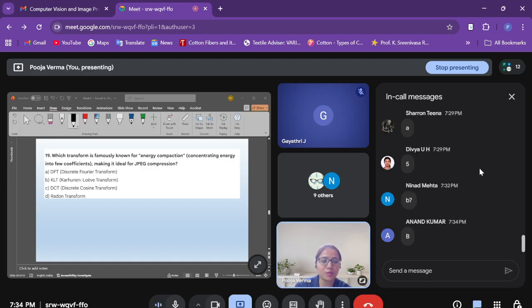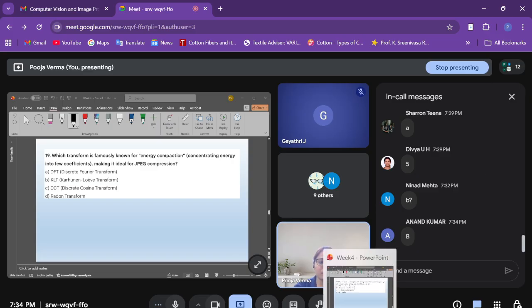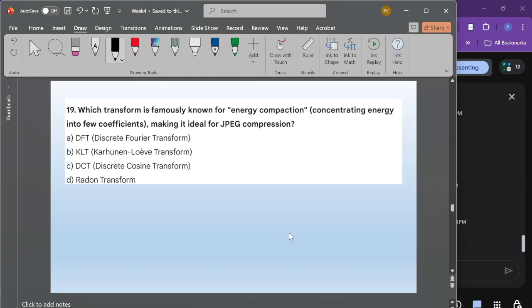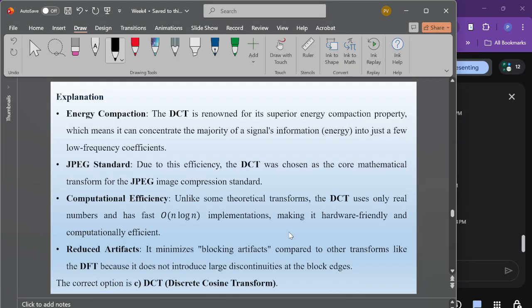Okay, option B. Anyone else? Okay, so let's see the solution here.